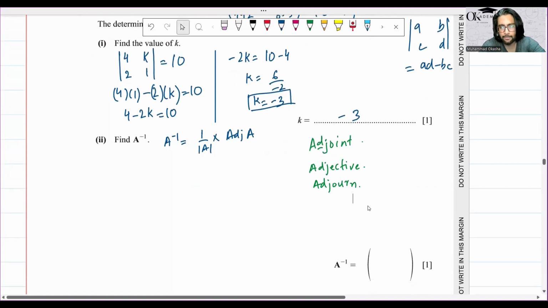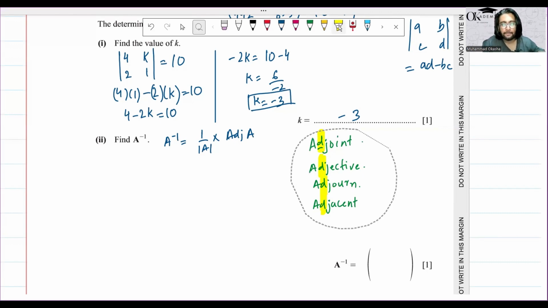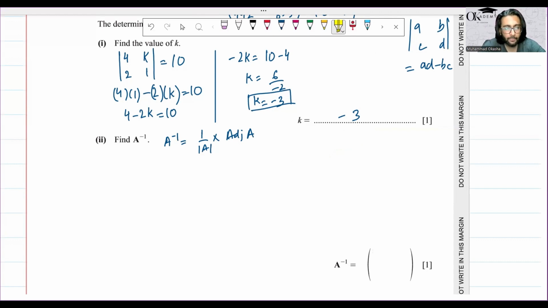Adjourn, adjacent, that's another word. In all of them, the D is silent. You don't pronounce the D. Adjoint, adjective, adjourn, adjacent. Do not say it with a hard D. It's adjoint. So inverse is equal to 1 over determinant of A.